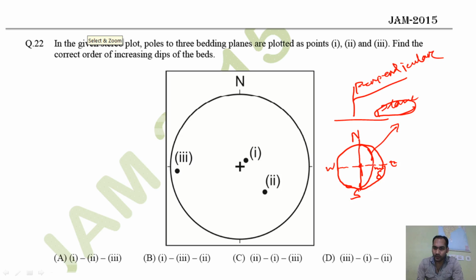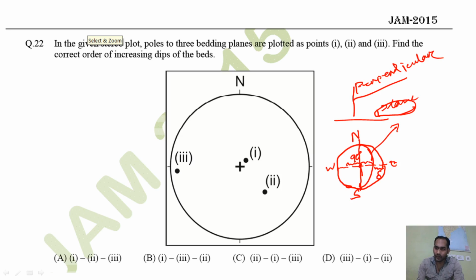So if you want to plot the pole of this plane, what do you have to do? You have to take 90 degrees from here. In the stereo net there are grid circles, lighter ones and darker ones also. Lighter grid circles are around 2 degrees apart, and the darker grid circles are around 10 degrees apart, right?